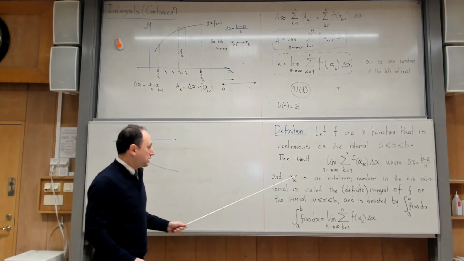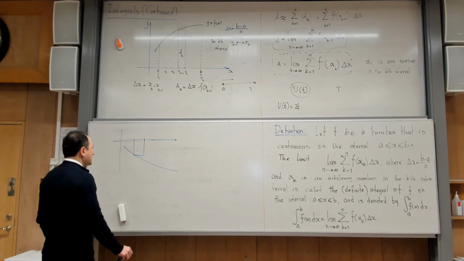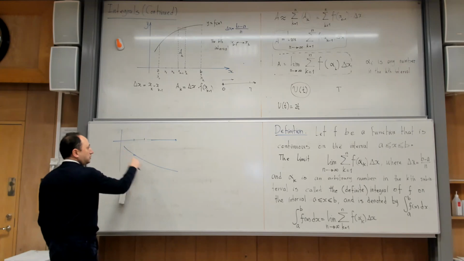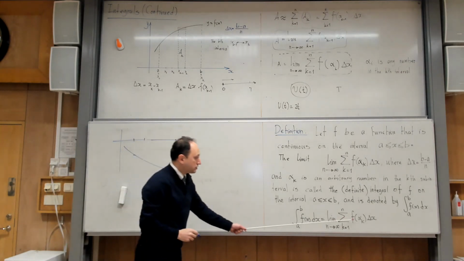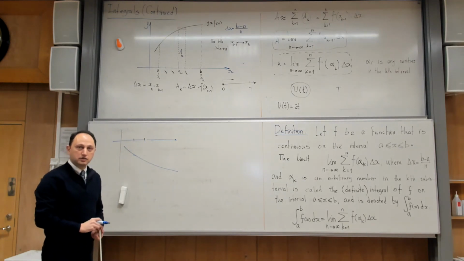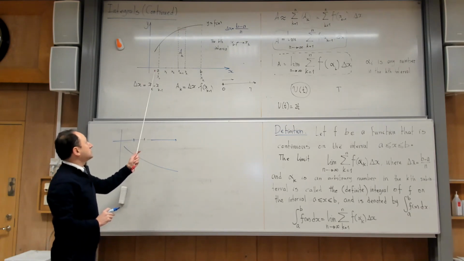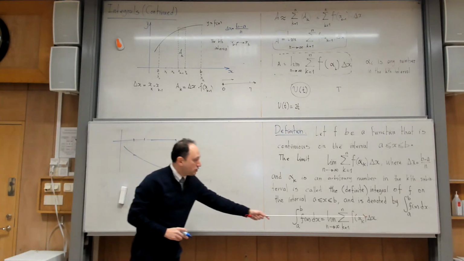So I'm asking you, is it possible to have a negative integral? The answer is yes. Assume that I have this function, which is lying below the x-axis, and then I have to calculate this. Delta x is always positive. Agree or not? Delta x is the last number minus the first number, which is always positive, divided by n. So delta x is always positive.